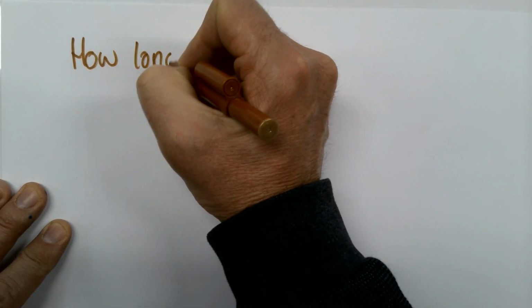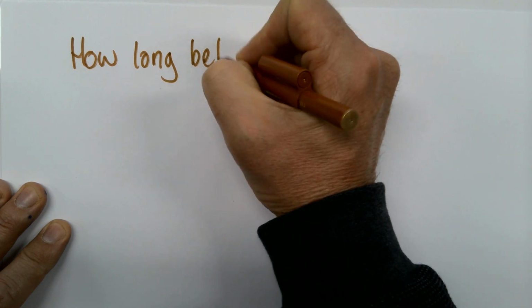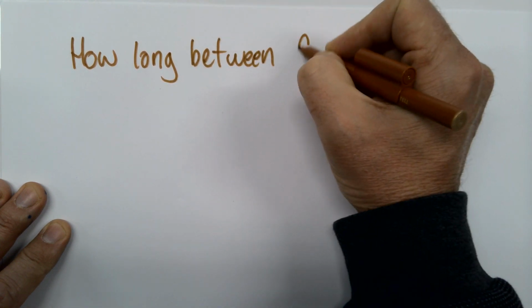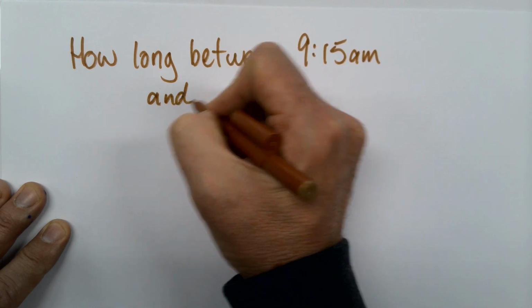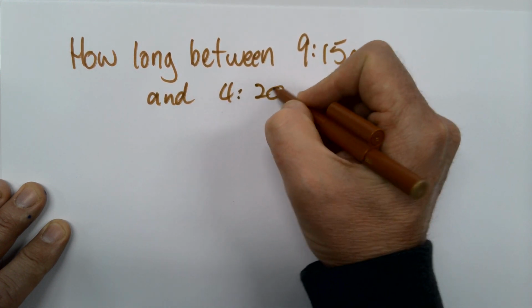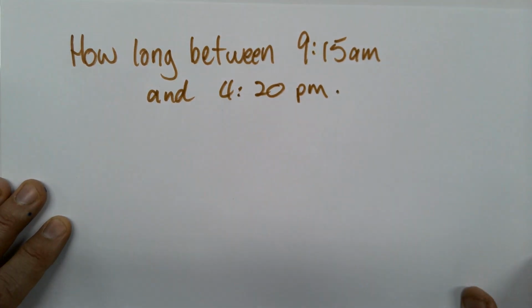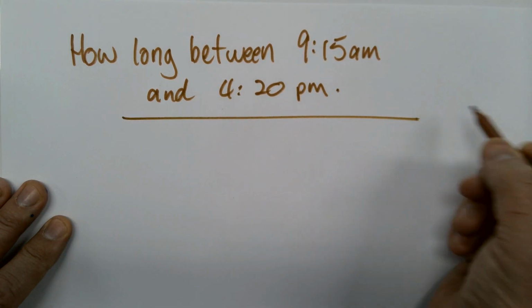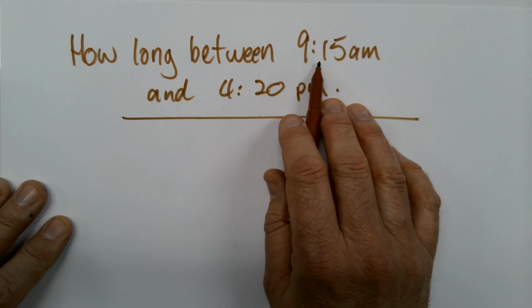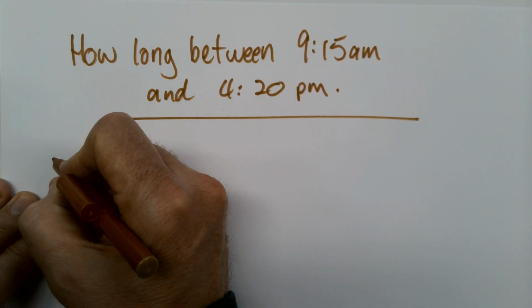How long is it between 9:15 a.m. and 4:20 p.m.? Okay, so you've got from one time to the other, and you want to figure out how many hours and minutes. All right, so if I'm starting at 9:15, I'm just going to go over here.